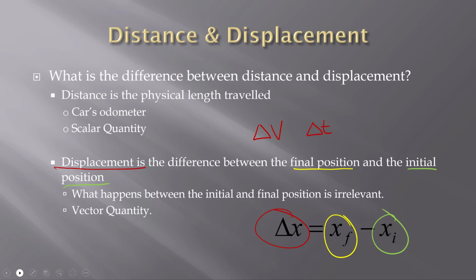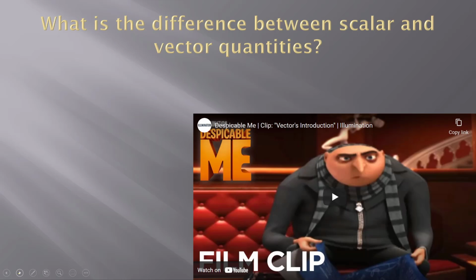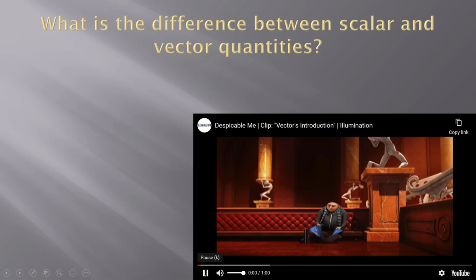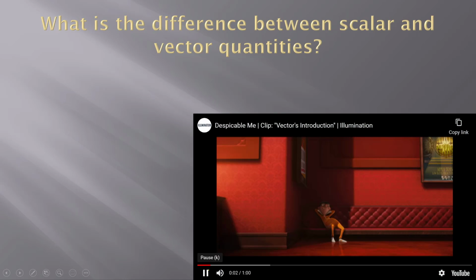But let's look at the difference between this scalar and this vector quantity. Now, if you've ever watched Despicable Me, you've got this guy over here. This guy's name is Vector. And you can watch the whole clip later on.